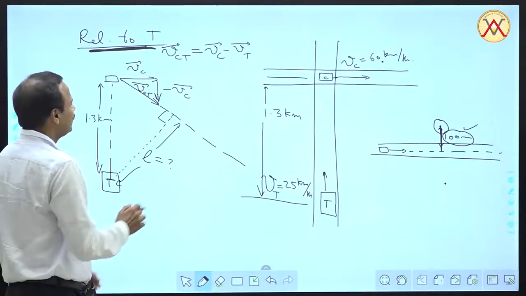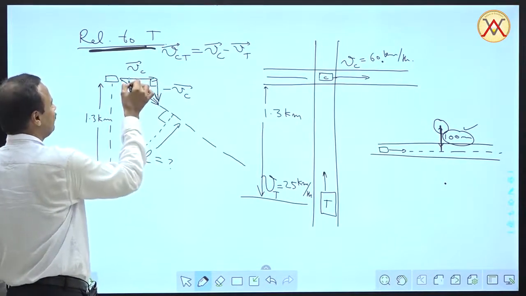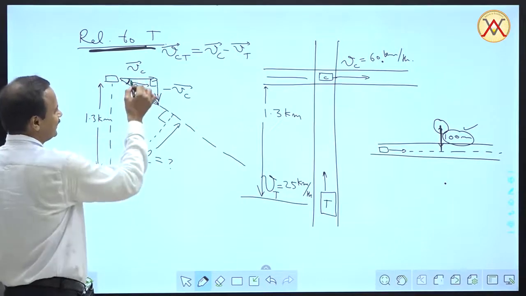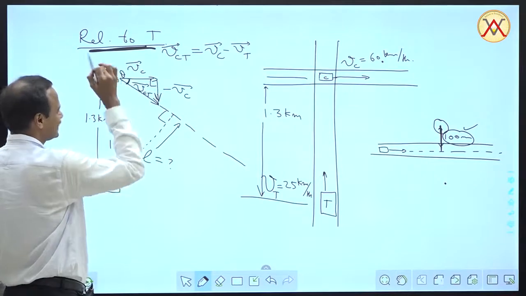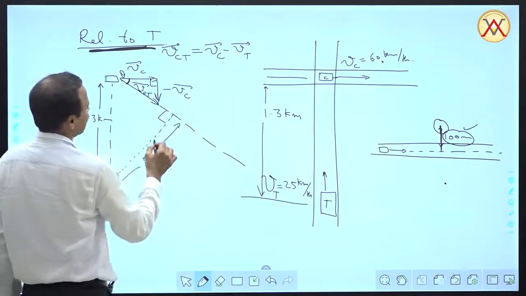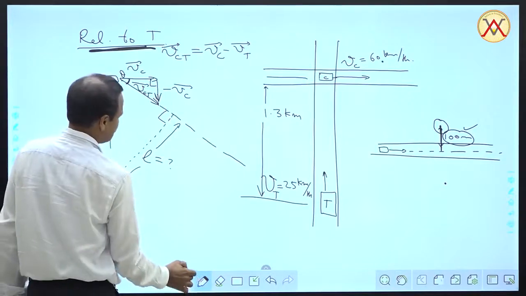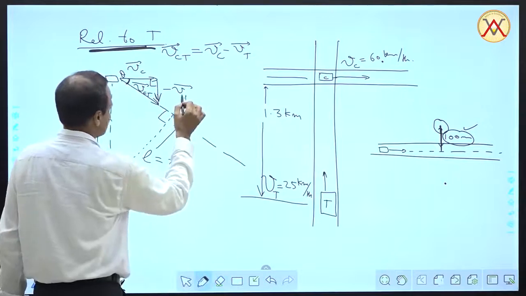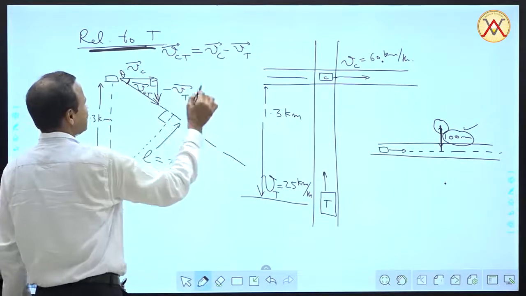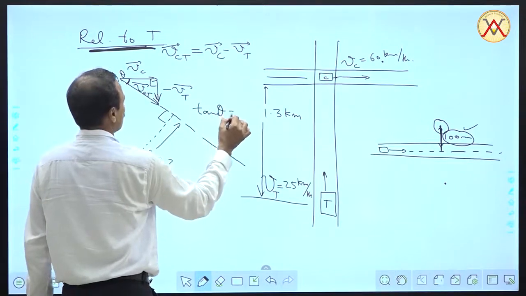Now, in this triangle of velocities, this is also a right angle triangle. We can find this angle very easily. If this angle is theta, I can say that tan theta, this one was your minus Vt vector, so tan theta will be equal to what?